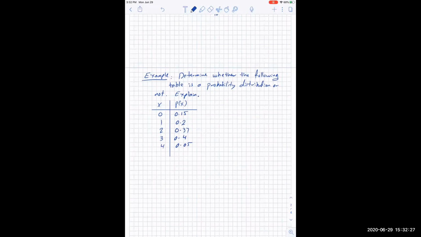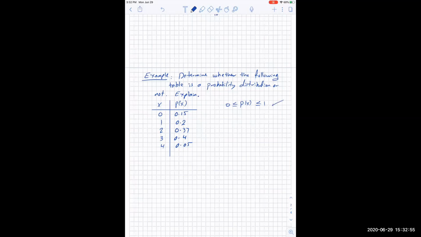Let's see whether the requirements are met or satisfied in this table. First, I need to check, is each probability value greater than 0 and less than or equal to 1? Are these all positive or not? Greater than 0, less than or equal to 1? Yes. First condition is checked.